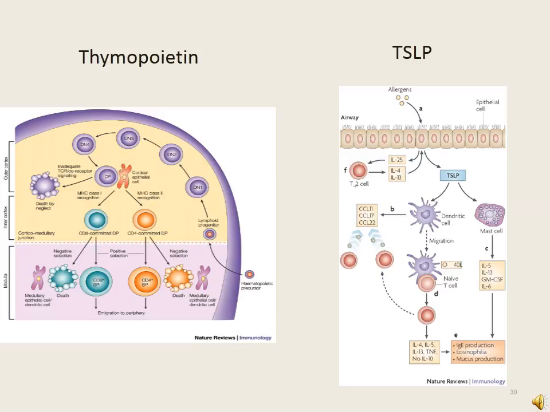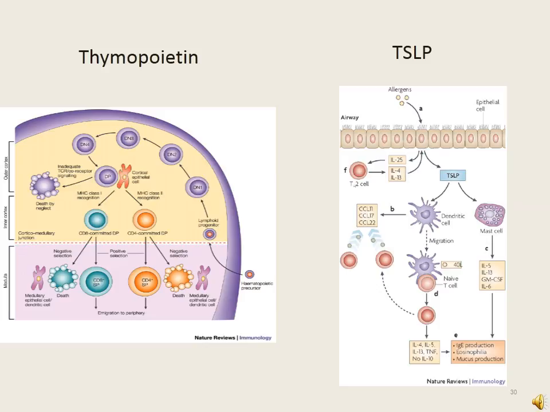You see that the precursor of the T cell will enter the thymus, and in the thymus there will be the synthesis of the thymic factor, or thymopoietin, that will influence the development of T cells, which they draw as the double negative cell.